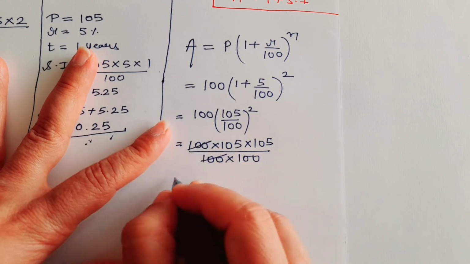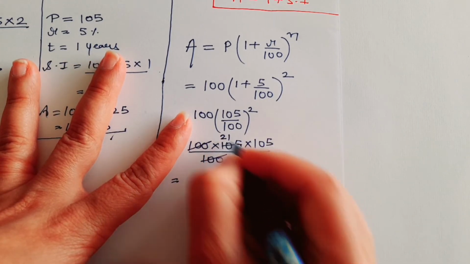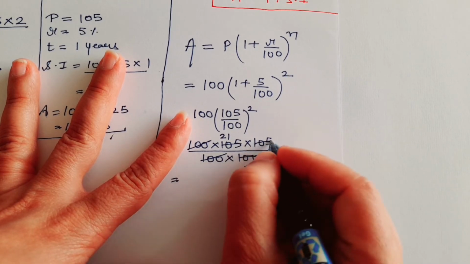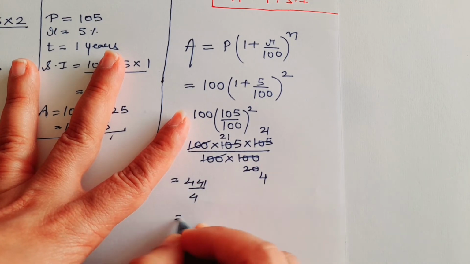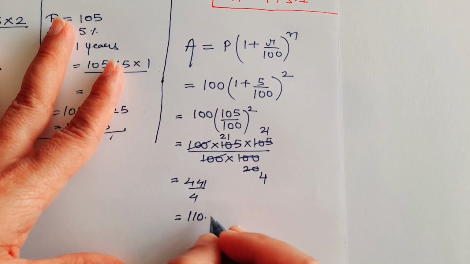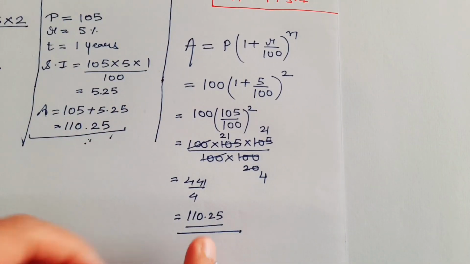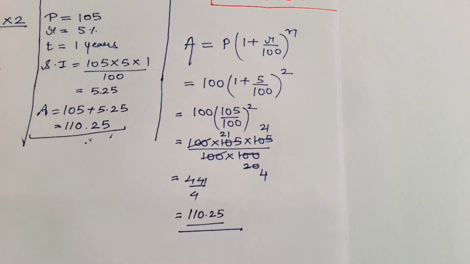So we cut: 5 2s are 10, 5 4s are 20, this is 21, 21, 4 41 by 4, and when you calculate it will be 110.25. So either you can calculate by this formula for the amount, or you can calculate like this.